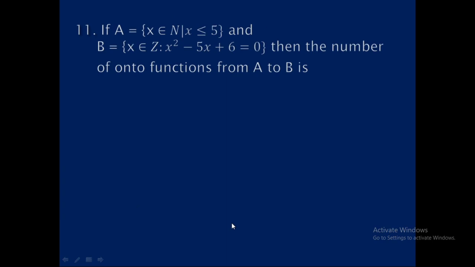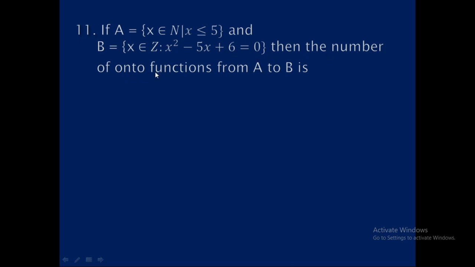Example number 11. Set A is the set of all elements x belonging to the set of natural numbers which is less than or equal to 5, and set B is the set of all x, x an integer such that x square minus 5x plus 6 is equal to 0.